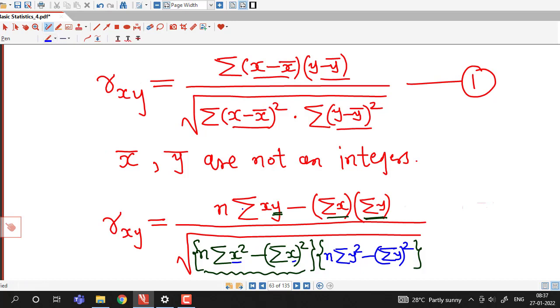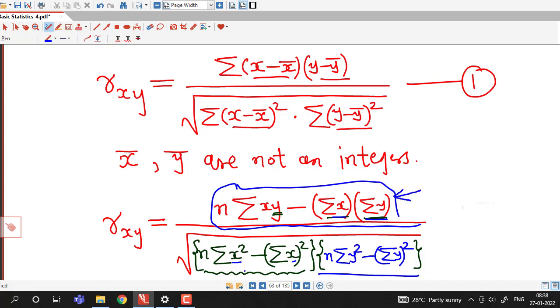Here we have to remember the numerator, n times sigma xy minus sigma x times sigma y, and these two terms we can write by replacing y by x in this numerator, and x by y in this term.